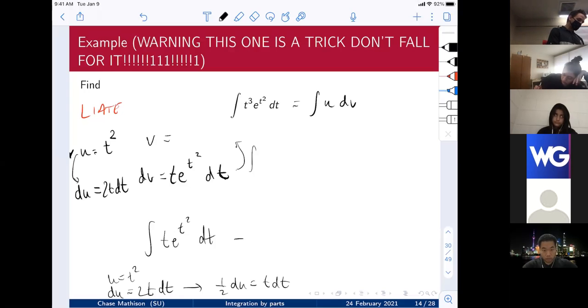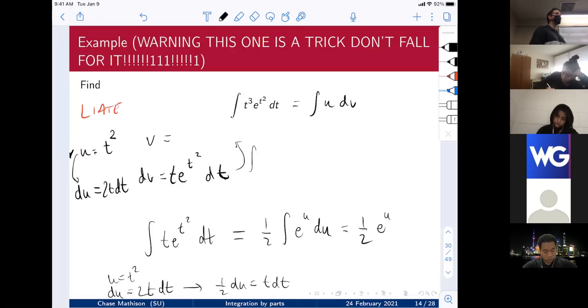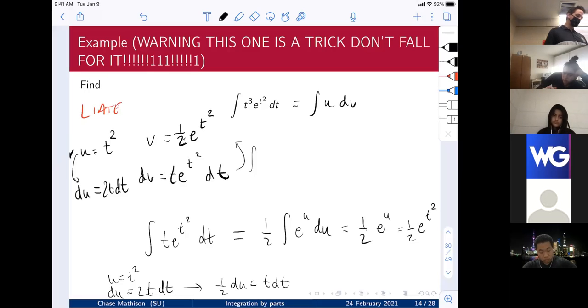That means the integral of t e to the t squared is 1/2 times the integral of e to the u du, which is 1/2 times e to the u plus some constant. I'm ignoring the constant because I'm not going to care about the constant when I write it for v. And this is 1/2 times e to the t squared. So v is 1/2 e to the t squared.